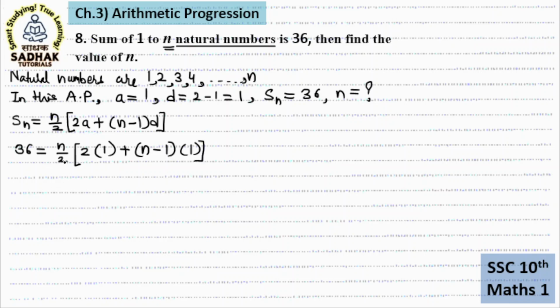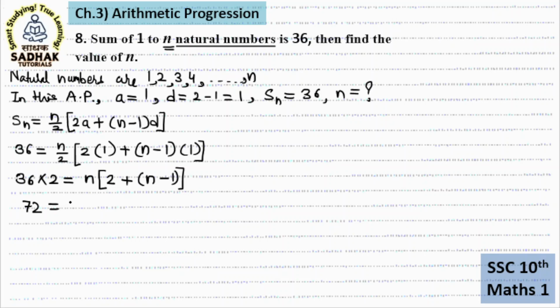So now let us take this 2 in the denominator on the left hand side, so that will become multiplication. So 36 multiplied by 2. Okay, so n, 2 multiplied by 1 is 2, plus n minus 1 multiplied by 1 remains n minus 1 only. 36 multiplied by 2 will give us 72.